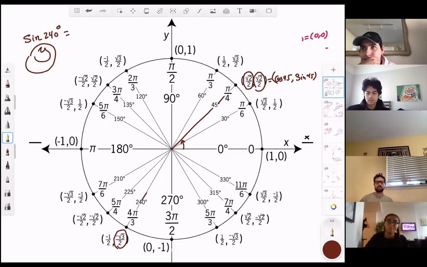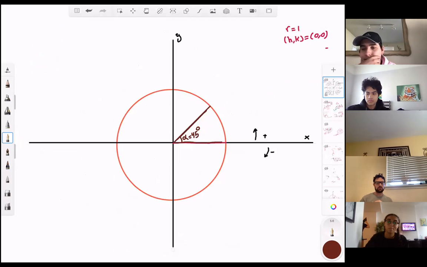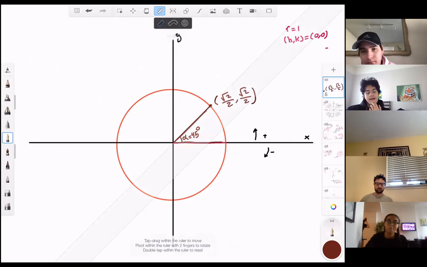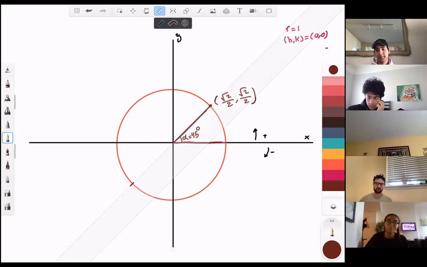So that's 45. We learned about 45. Now is a tricky one. Let me go over a couple. This is 45. Everybody, we know that this is radical 2 over 2, comma radical 2 over 2. This angle here, how big is this measure?